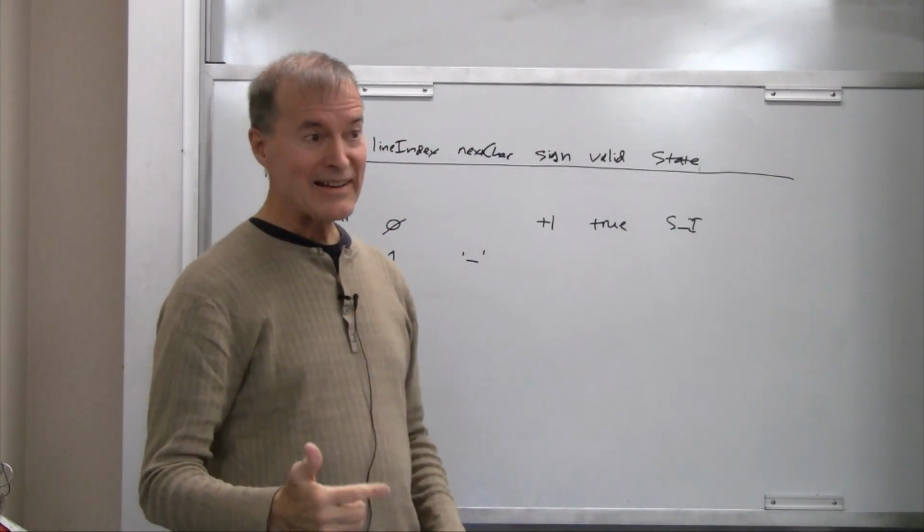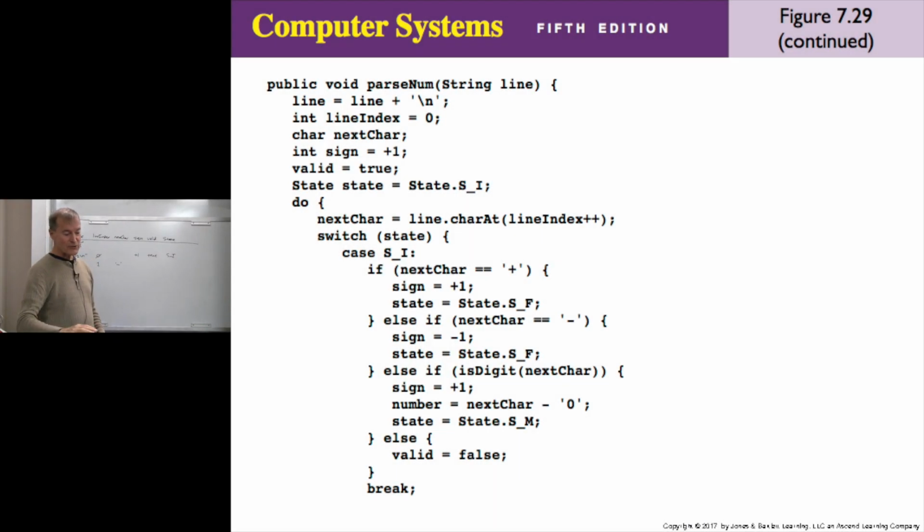S underscore I. So we go to this first case, and then the break at the bottom will take us out of the switch. So watch what happens with this code. If next char equals plus. Well, does next char equal plus? Yes or no? Nope. Else if next char equals what? Hyphen. That's the hyphen character.